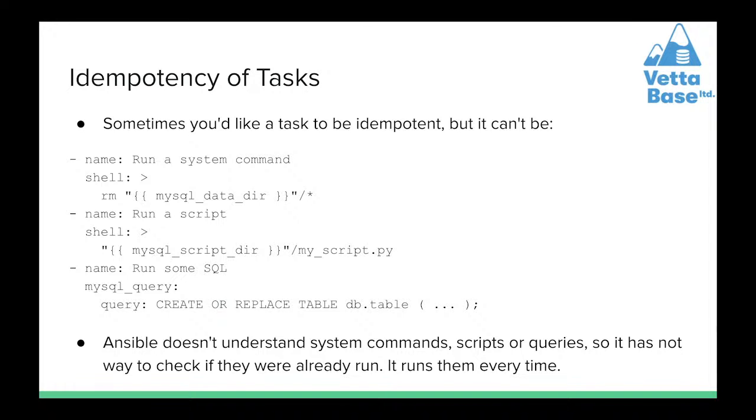In all these cases, Ansible has no way to find out if the task was applied before, because it cannot understand shell commands, it knows nothing about your scripts, and it doesn't understand SQL queries. So it finds these tasks and it runs them every time.